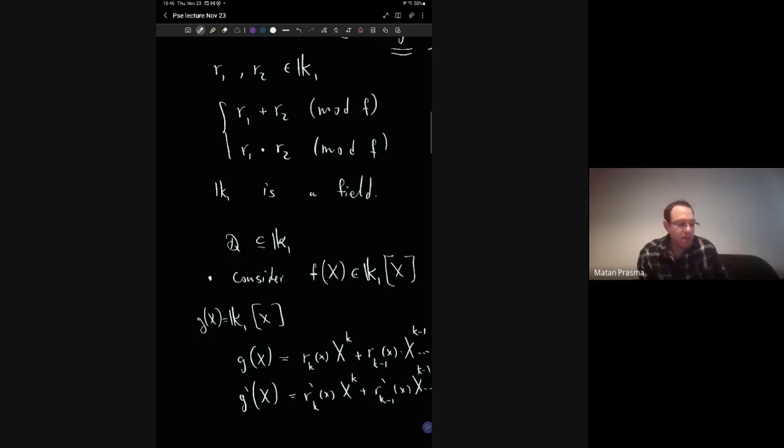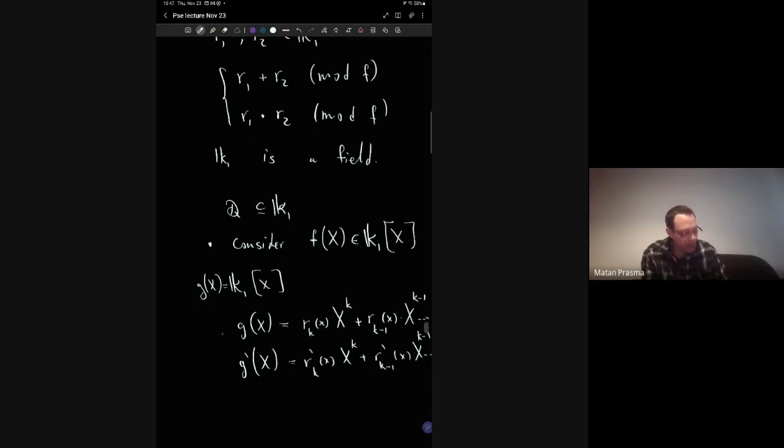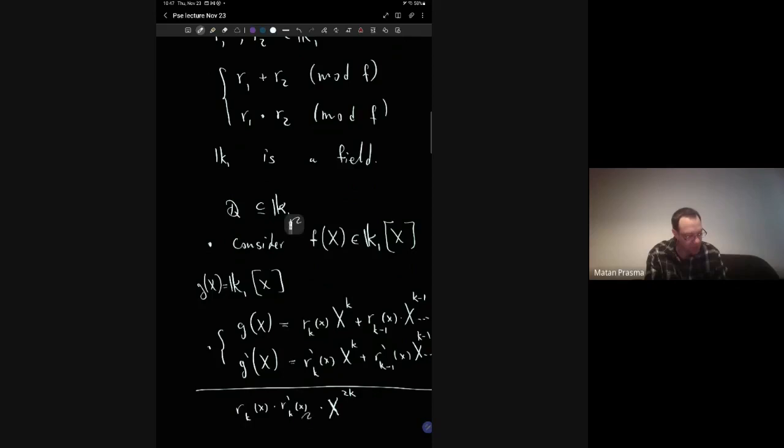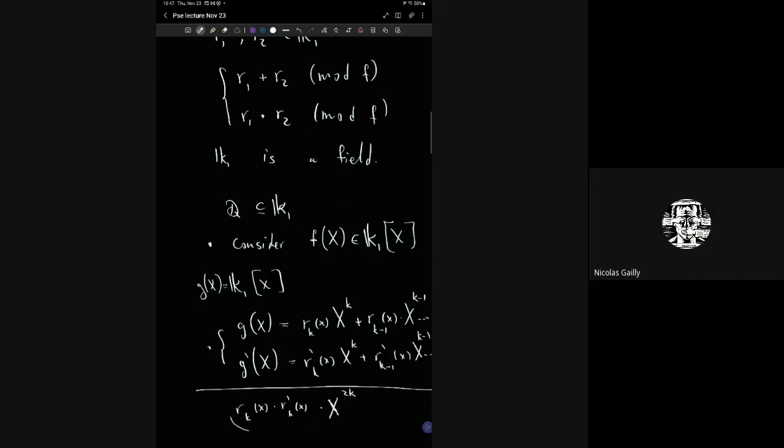Yes. Okay? So this is what I wanted to say here. If you now want to multiply these two together, in particular, you should have rk(x) times rk prime(x) times capital X to the 2k. Right? You're just doing these as coefficients, and then you don't evaluate them.